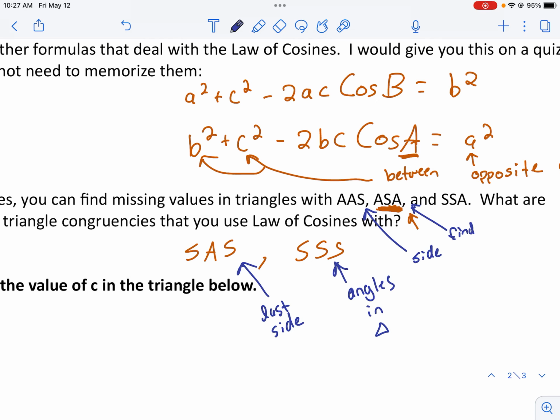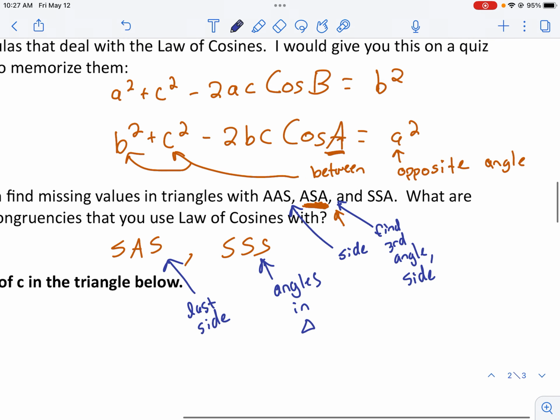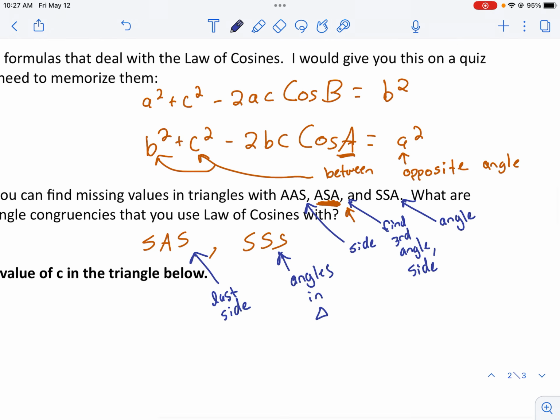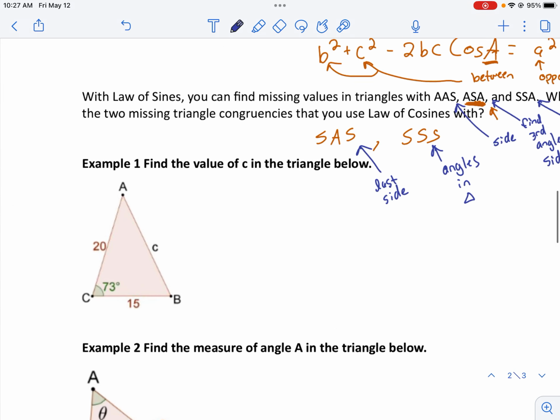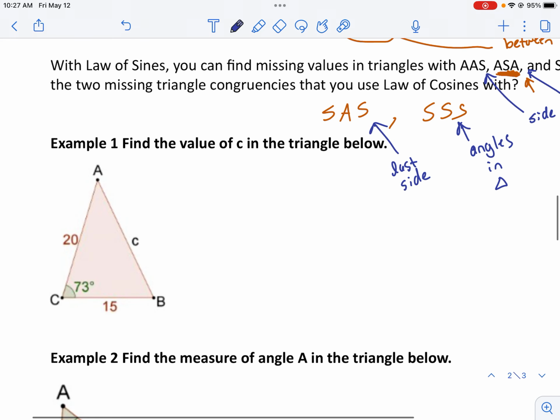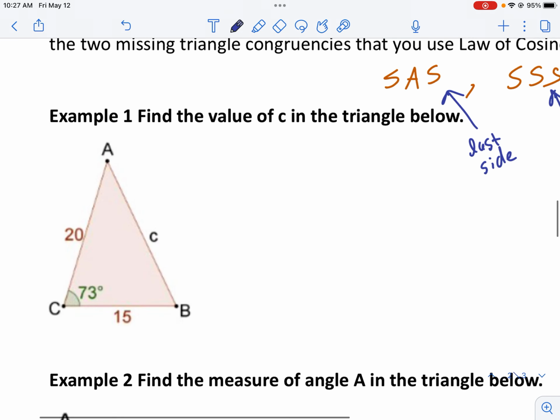You would need to find the third angle, and then from there you're looking for a side. And then side, side, angle is probably looking for another angle in that question. So these are all the things that you can find if you have this information using law of sines and cosines. Example 1 says find the value of C in the triangle below.